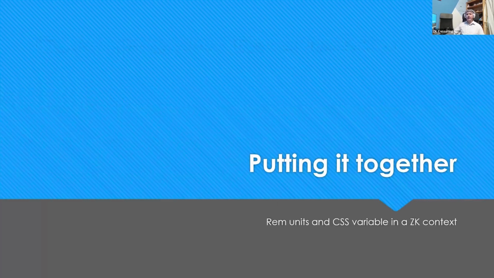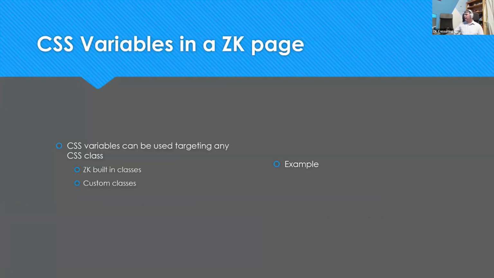So let's skip ahead a little bit. That theory is all well and good, but we want to see how that works in a page. So, REM unit and CSS variable in ZK context. As you may already know, a ZK page is just that. It's a web page.